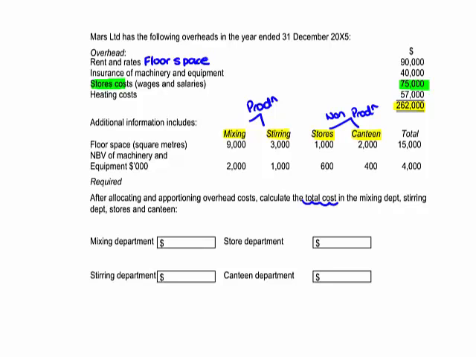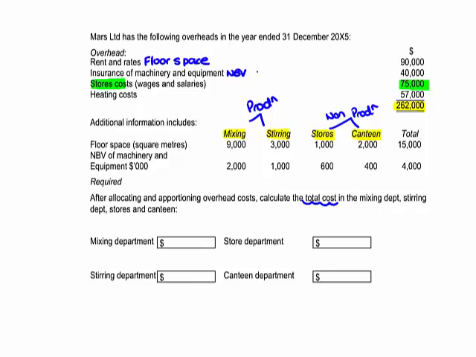We're given the information then about how the 15,000 square metres of factory is shared out between the departments, and as the mixing department has the most floor space, is the biggest department, it seems appropriate that it should have the most amount of rent apportioned to it. The insurance costs of the machinery could be based on the net book value of the machinery and the equipment, that information that we're given below. The stores cost we've already dealt with, we've allocated that to stores.